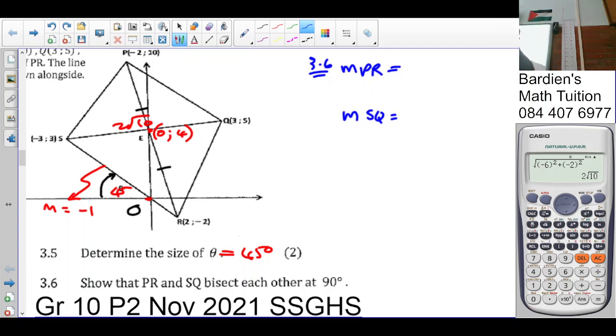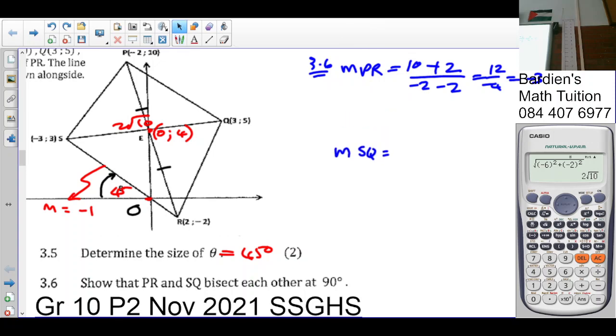So the gradient of PR is 10 minus 2 over minus 2 minus 2. That gives us 12 over negative 4, which is negative 3.